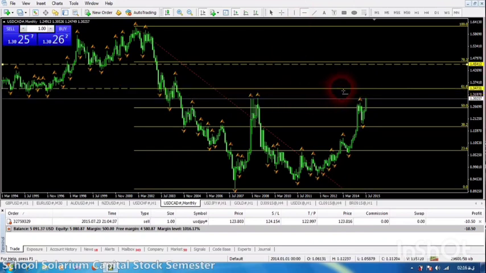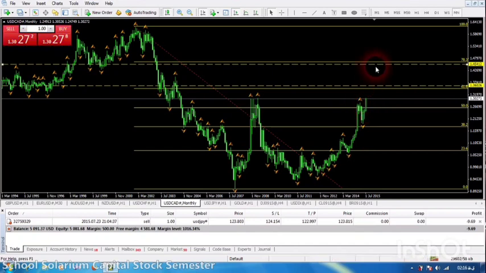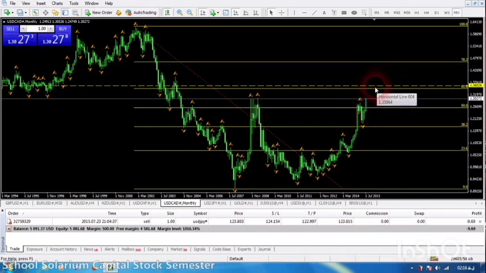So if the price wants to go further than my target that I have determined based on my analysis, maybe I'm not online on the chart at the moment it happens, so I will put a buy stop there so that it will automatically open a buy order for me.